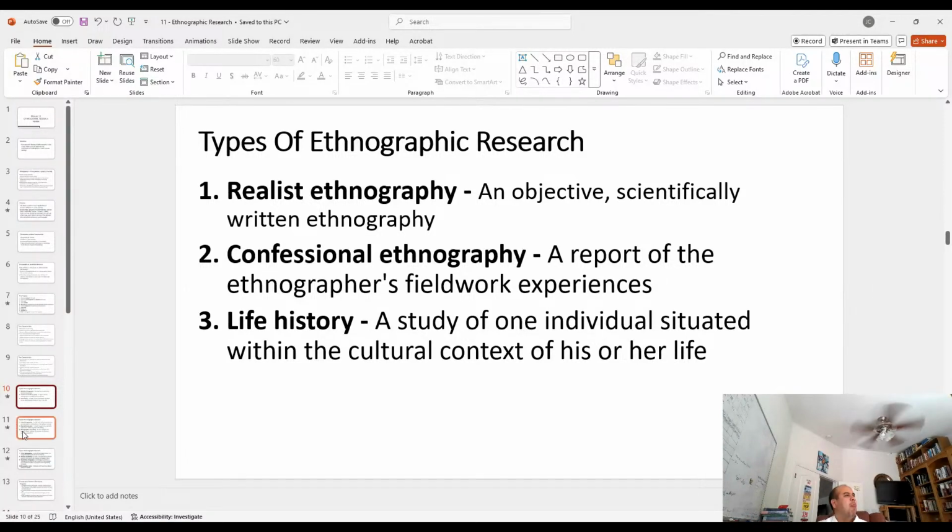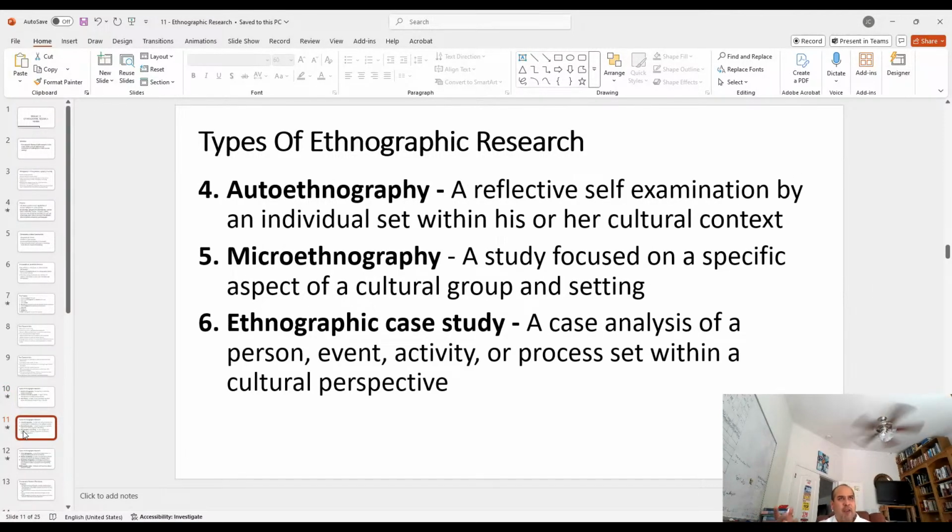Then you have autoethnography, as I talked about earlier. I've done many autoethnographies where you self-interview or you study yourself for a given amount of time, collect a certain amount of data about yourself, maybe as a researcher, maybe as a person of color in a non-diverse setting, whatever the case may be.